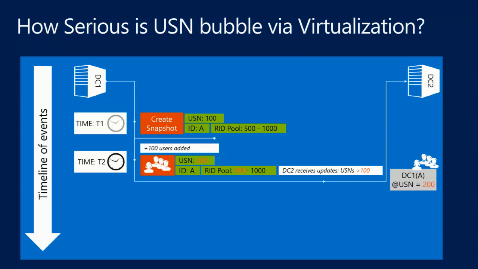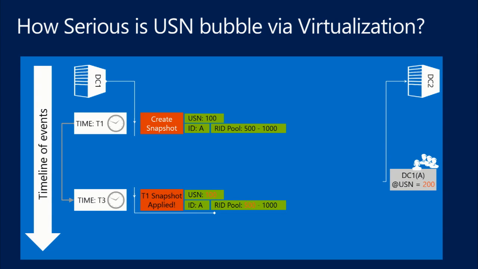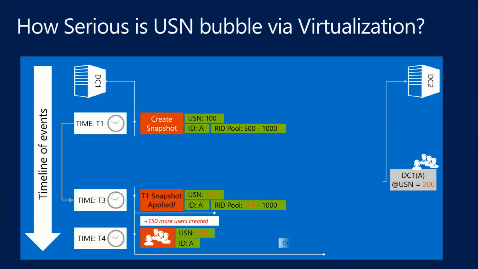I then replicate, and I basically talk to my domain controller, DC1, where it receives those updates and increases the USN high watermark that it knows of for my other domain controller. So it now thinks that I'm at a level 200. But here's what happens. I roll back to that previous time. My USN value is now back to 100, and I also have the misfortune of creating 150 new objects.